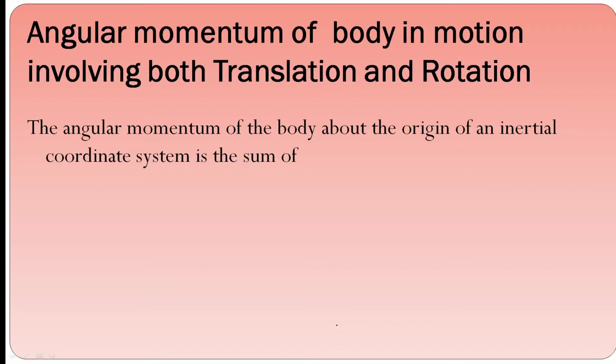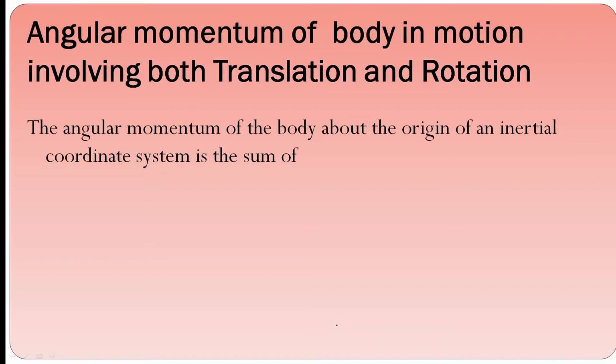Again we can say angular momentum of the body about the origin. Do remember that the angular momentum of a body is not unique. It depends upon the chosen origin. While talking about angular momentum, we have to be very careful about which point we are talking about.